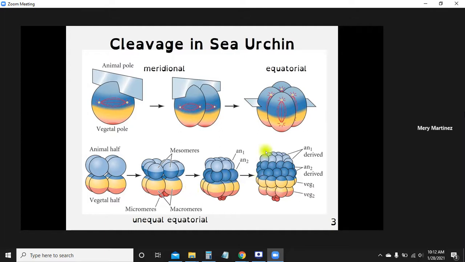We'll see here. So we have a double of each one. And the vegetal pole divides equatorially. So here we have more equatorial subdivisions. At the 7th cleavage now, the pattern reverses. And at that stage, at the 7th cleavage, we have a blastula.